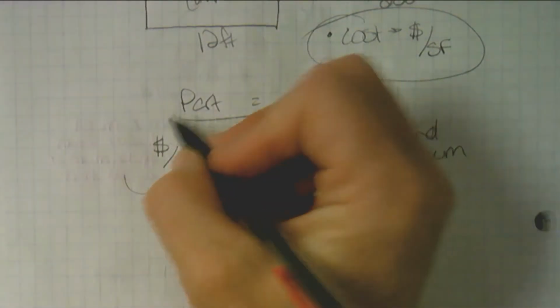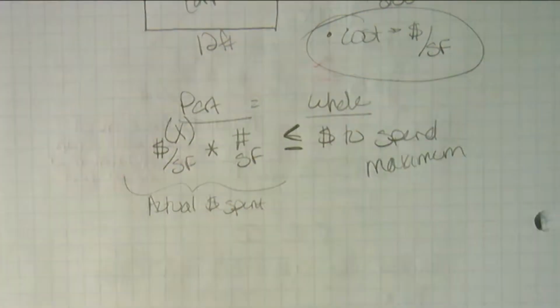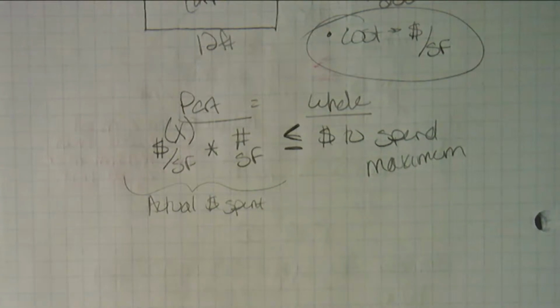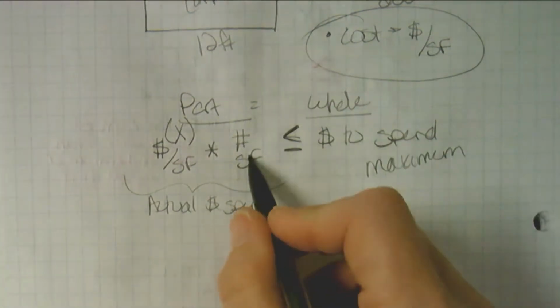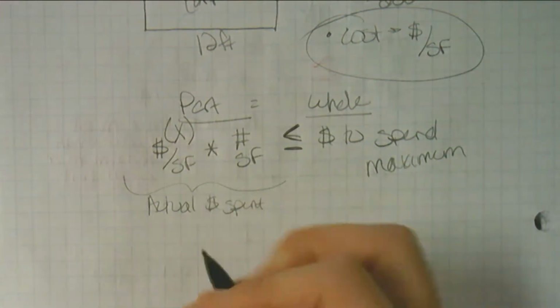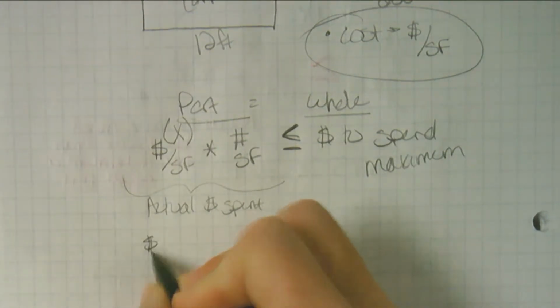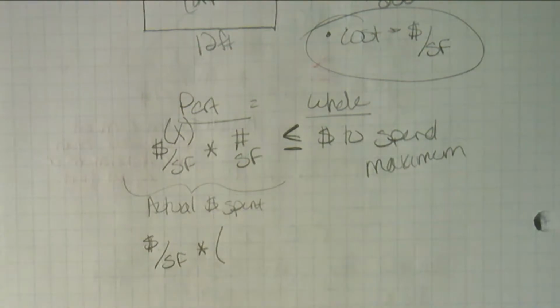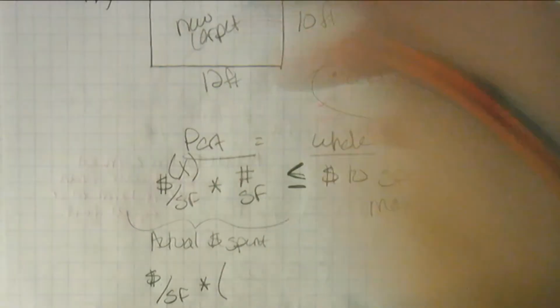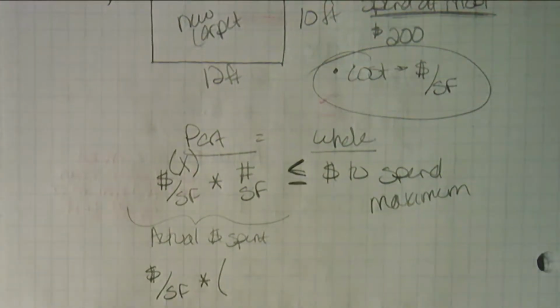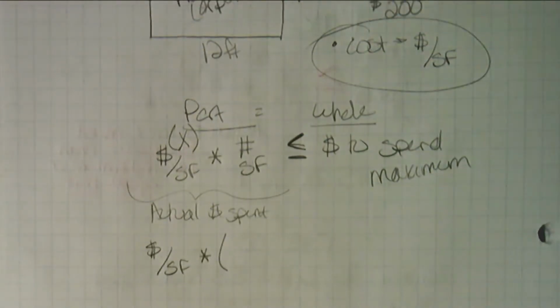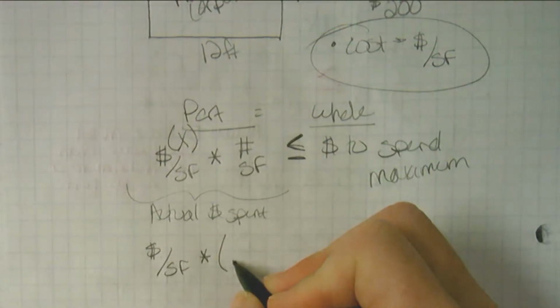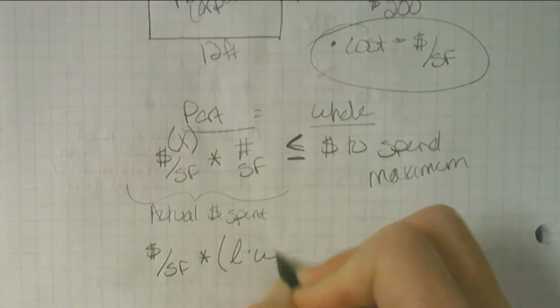So now, what I don't know is my square foot. There's my x. To find my number of square feet, I'm going to make this a little bit more detailed. How do I find the area or the square footage of that carpet? Valentina? So my formula, right? Don't I have to do length times width?